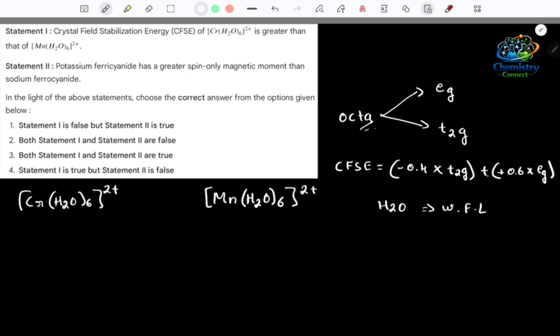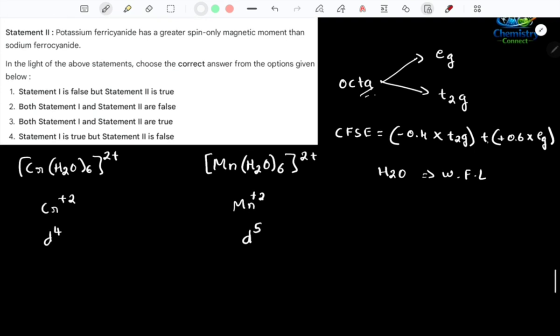If you identify the oxidation state of both, Cr is in the +2 oxidation state and Mn is also in the +2 oxidation state. Cr2+ means it is a d4 configuration, and for Mn2+ the 4s2 electrons go, so it is a d5 configuration.